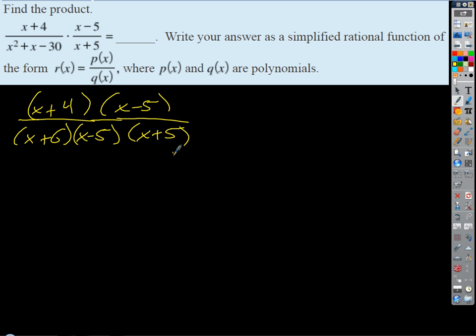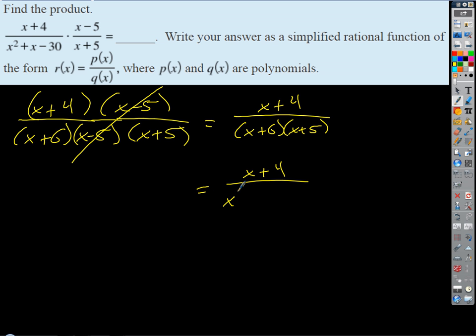Okay, so what do we get? The 5 cancels out. Those cancel. Good. X plus 4, x squared plus x. 11x. That's it? Yeah.